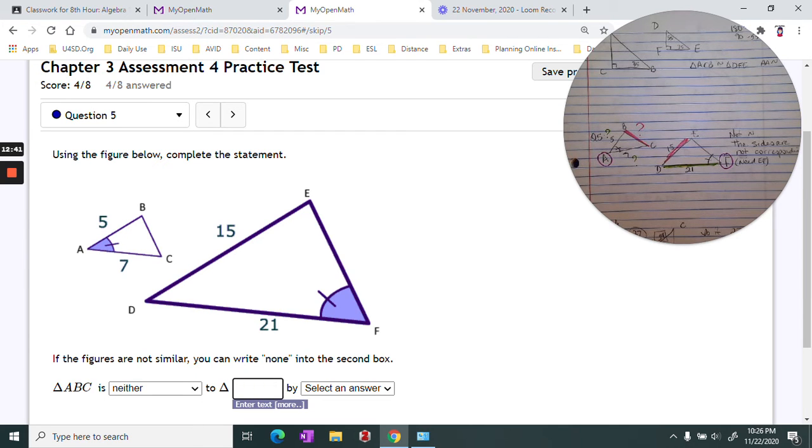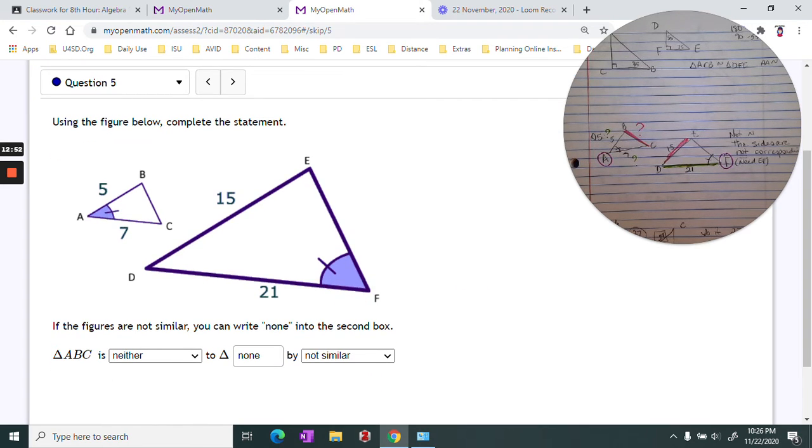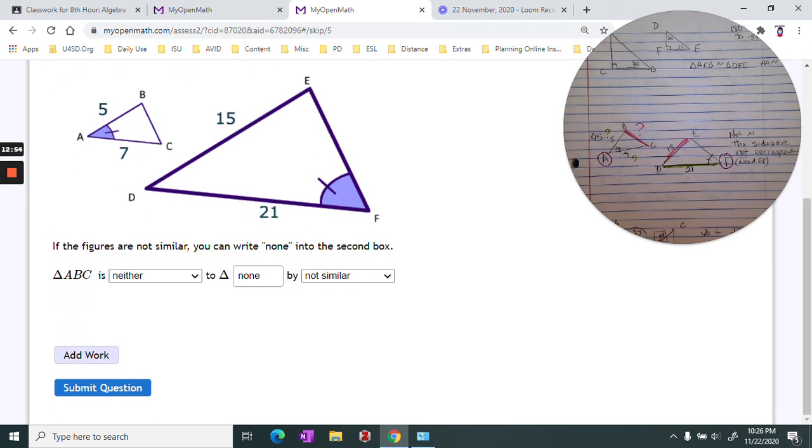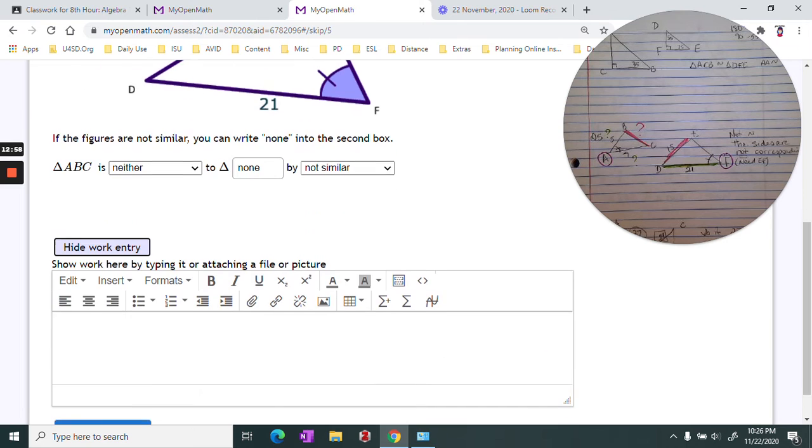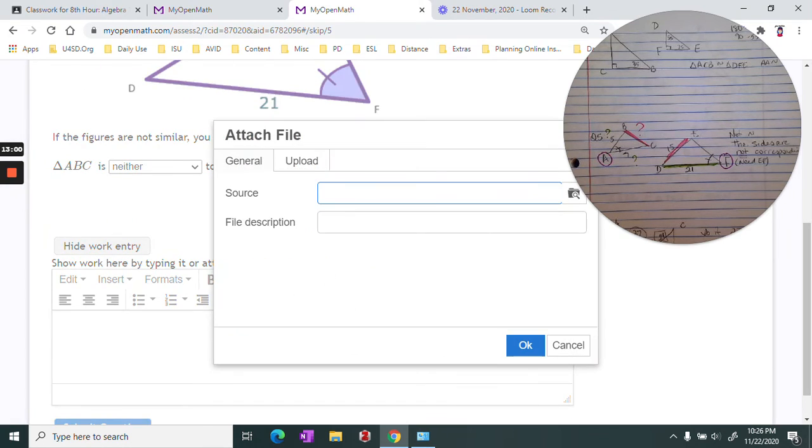So it says if the figures are not similar, which they're not, you can write none in the second box. And again, not similar. Okay, so this one I am going to add that work because my work clearly shows that this does not line up.